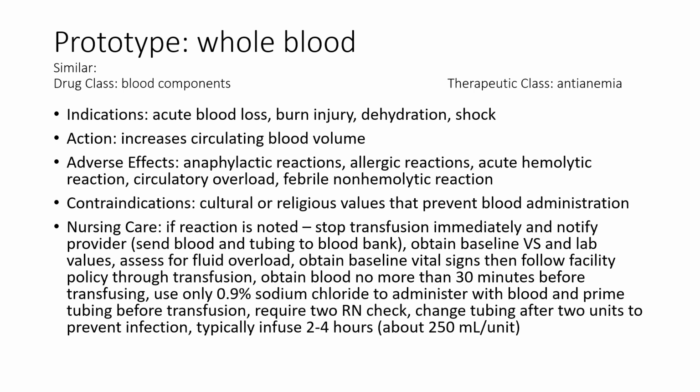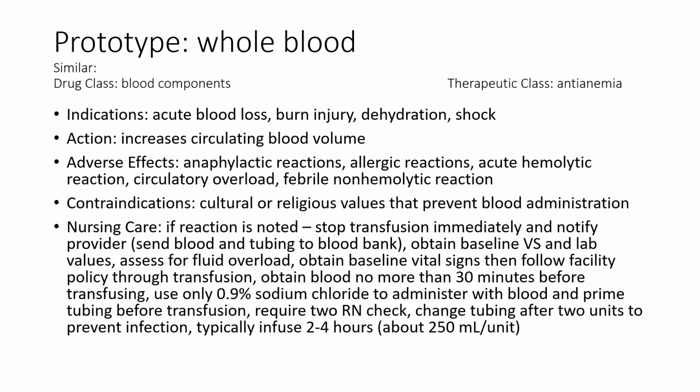What are reactions to really any kind of blood product? Well, you could have an anaphylactic reaction to the product itself. You could have other allergic reactions to different components of the blood. So you might get, say, a rash, like a minor allergic rash.